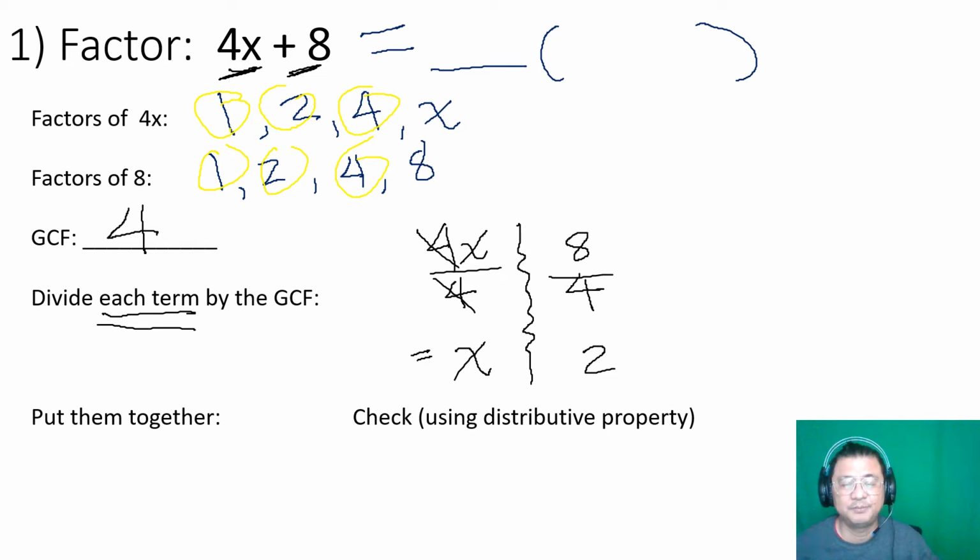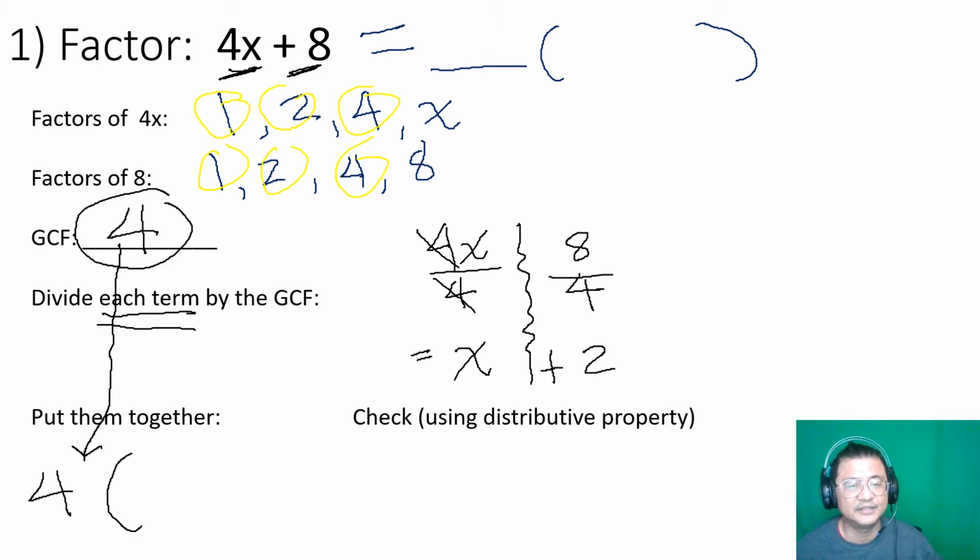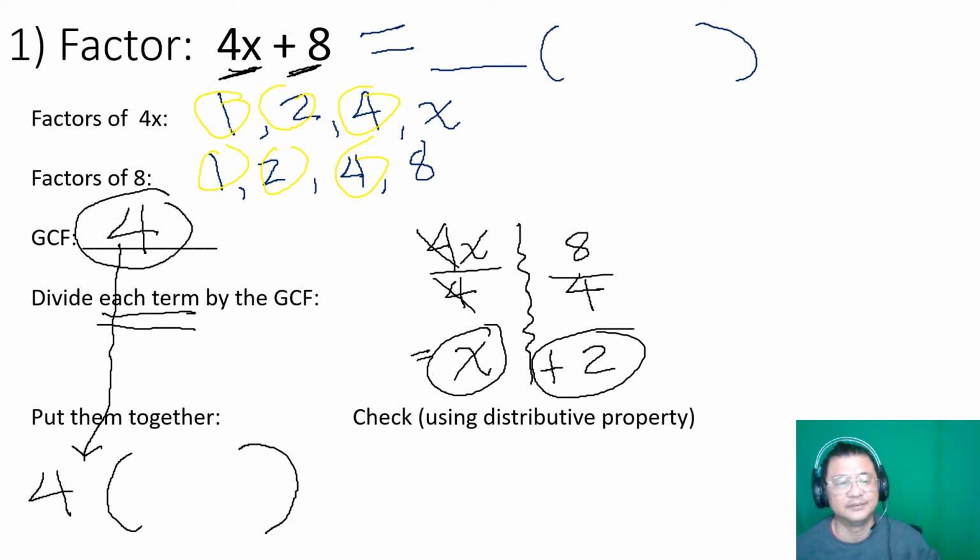Okay? Since it's positive, write plus 2. So what do you do now? Copy your GCF. Your GCF is there. That's your 4. And then the one in the parentheses will be this one and that one. So put them together, x plus 2. So the factored out answer is 4 times x plus 2.